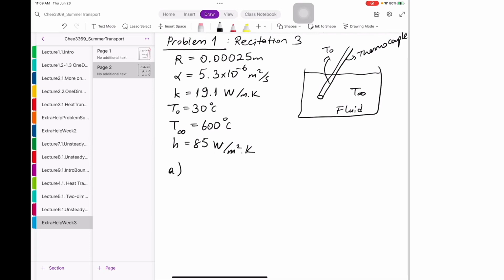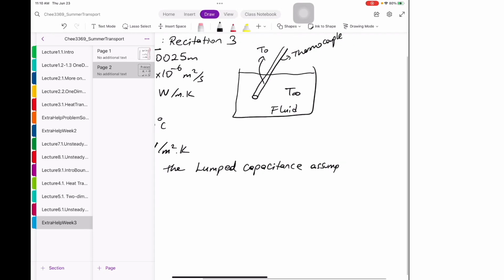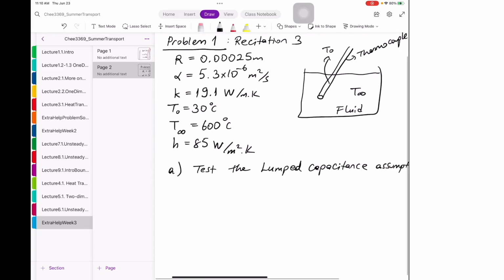So basically, we should test the lumped capacitance assumption by checking the Biot number. We should estimate the Biot number.